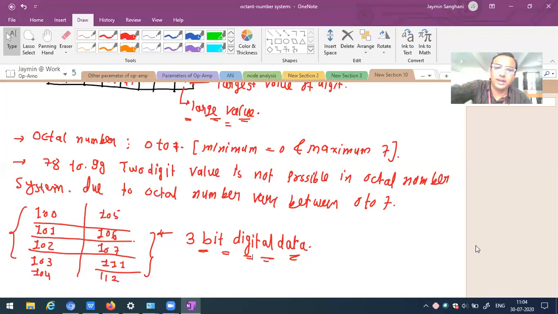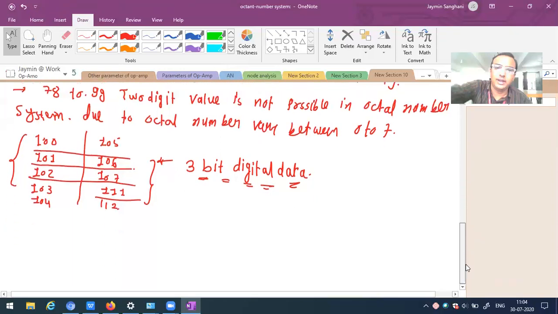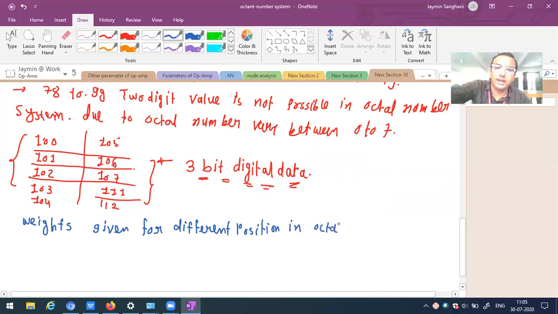So now we will switch over to the next point, which is known as weights given for different positions in the octal number system.